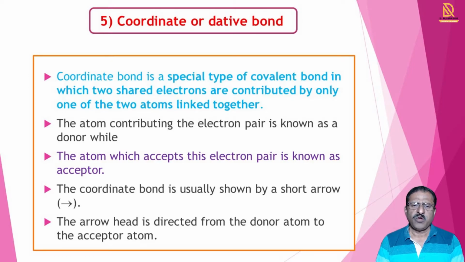So this arrow is directed from ligand to metal, and such a bond is shown as a ligand to metal bond.